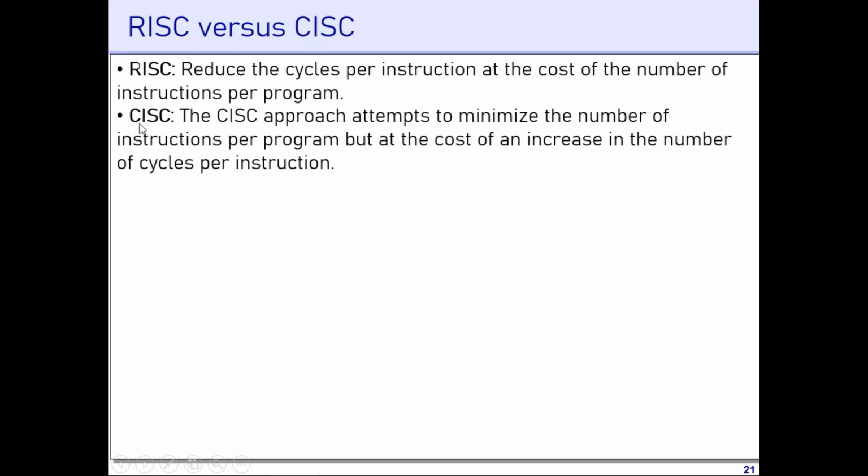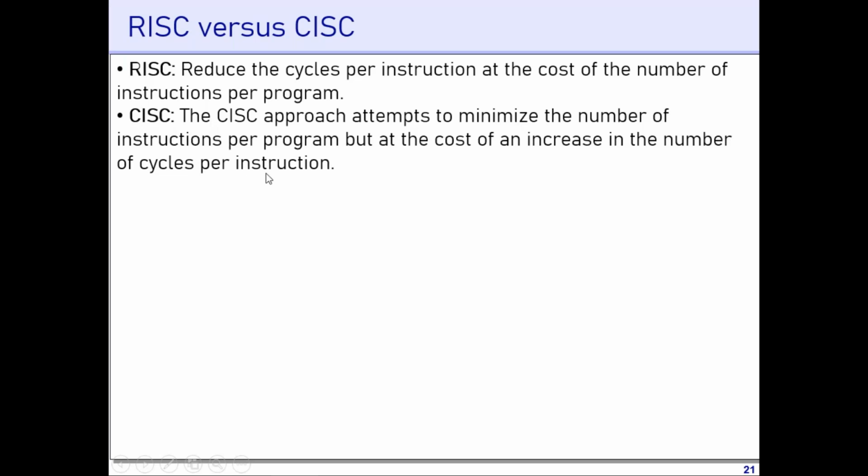Whereas complex instruction means you're increasing the complexity of the instruction so that effectively you do the same work with fewer instructions. Since you are reducing the complexity of each instruction, to do the same work you will take more cycles with RISC. The CISC approach attempts to minimize the number of instructions per program, but at the cost of increasing the number of cycles per instruction.